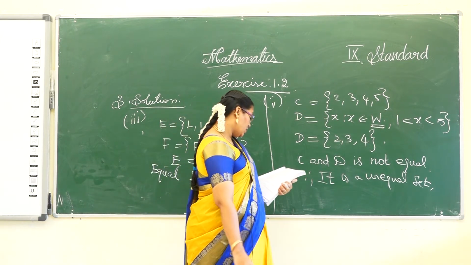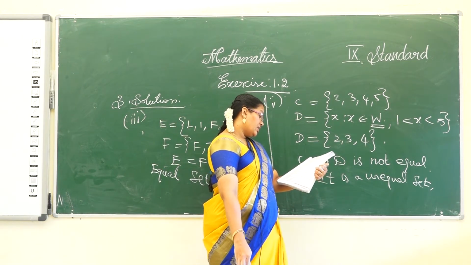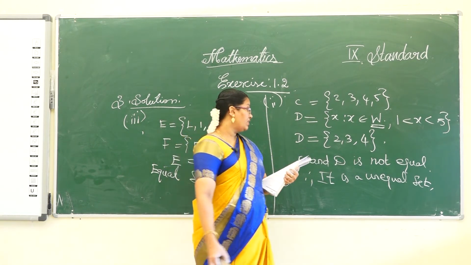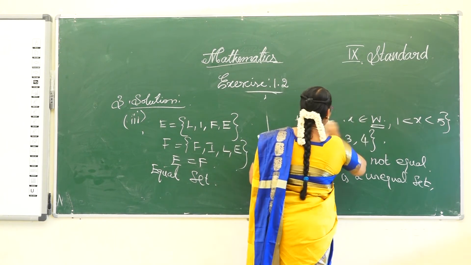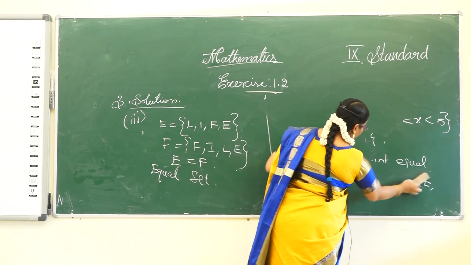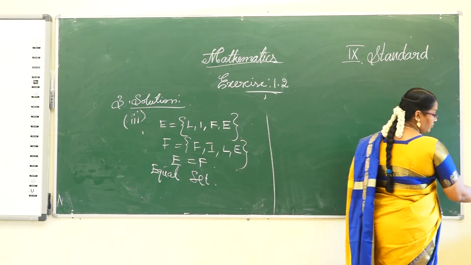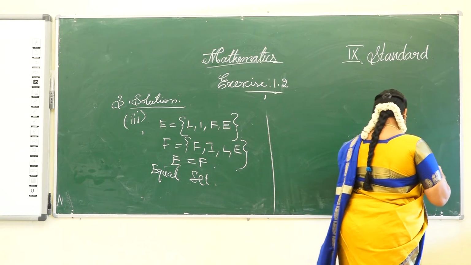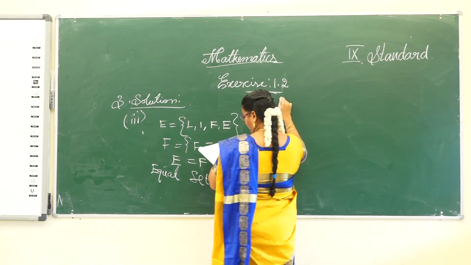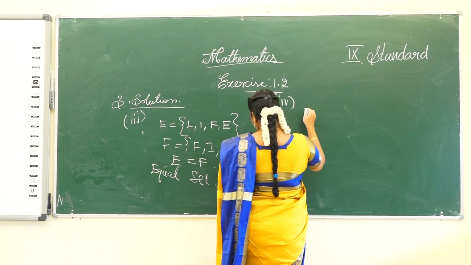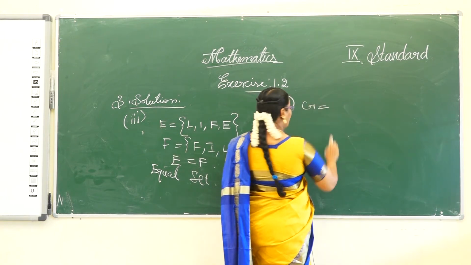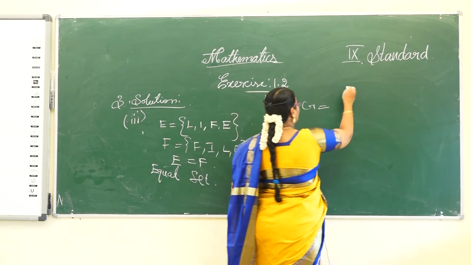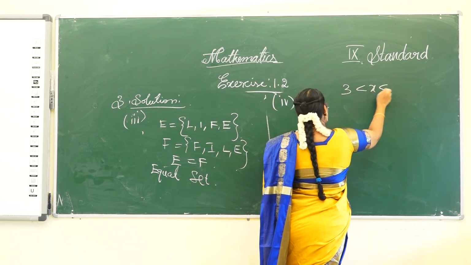And the fourth one, G is equal to x such that x is a prime number between the interval 3 less than x less than 23.